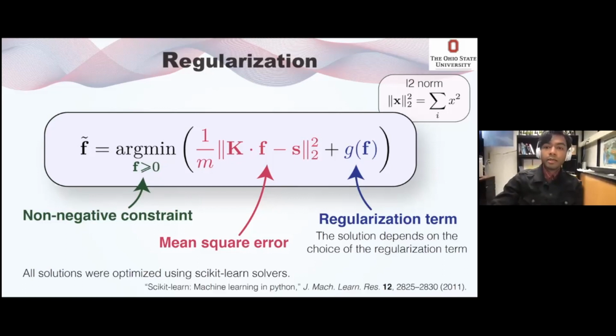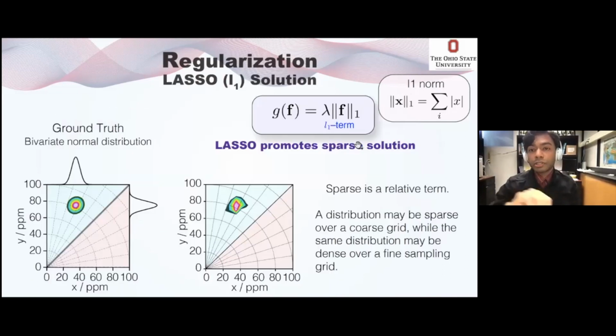From the TSVD solution, we saw that there were amplitudes all over the place. So what we needed is a sparser solution. The best known regularization term for a sparse solution is the L1 term, which is lambda times the one norm of F. The one norm of a vector is given as the sum of the absolute values of the vector elements.